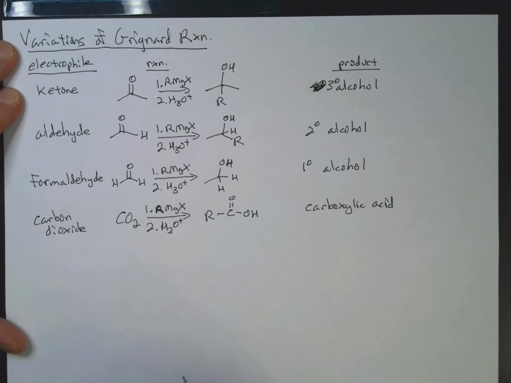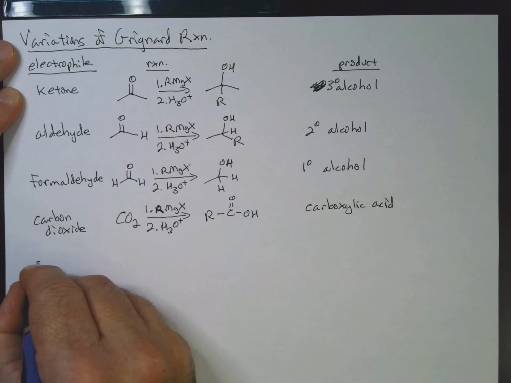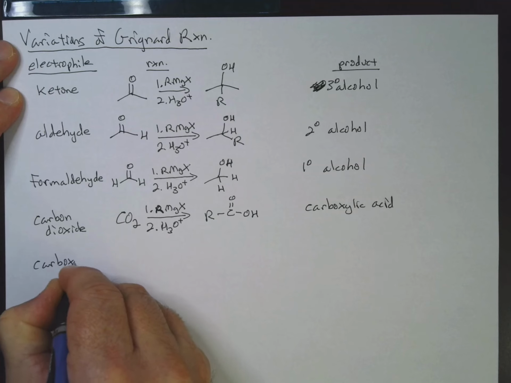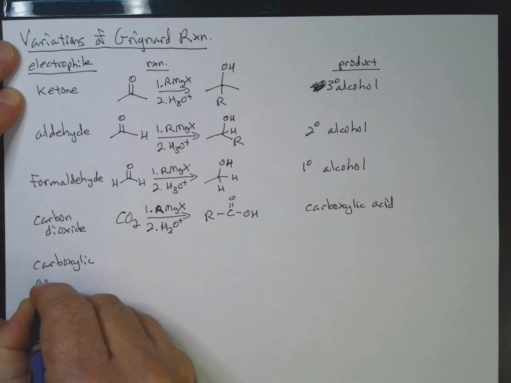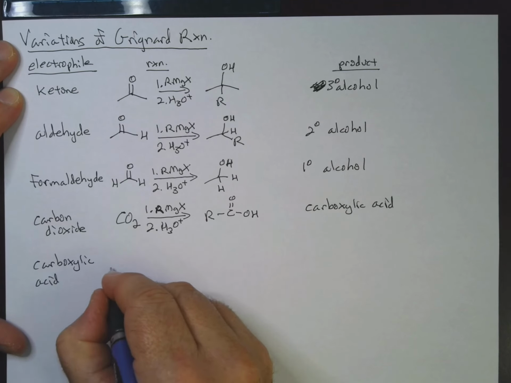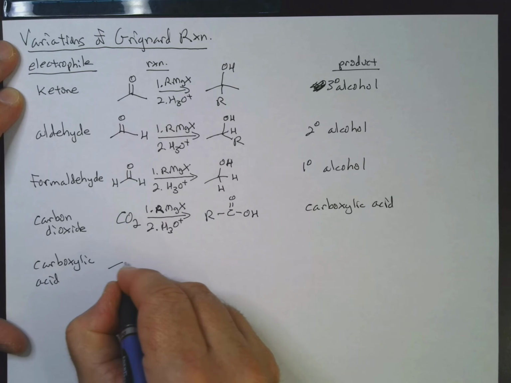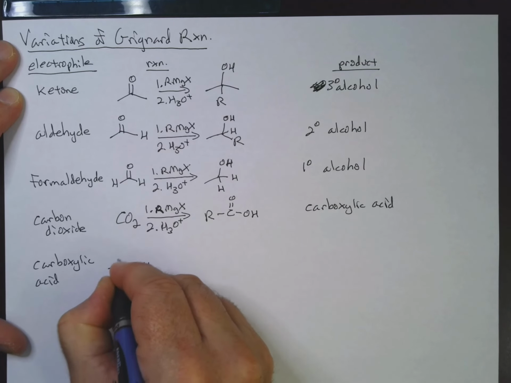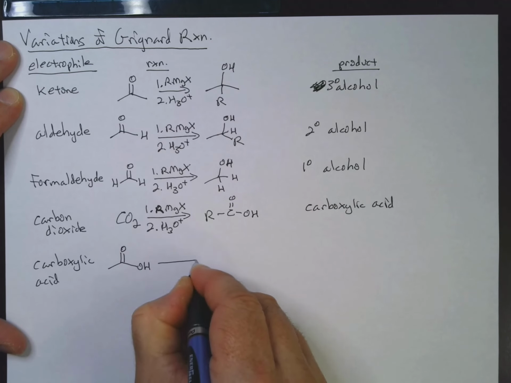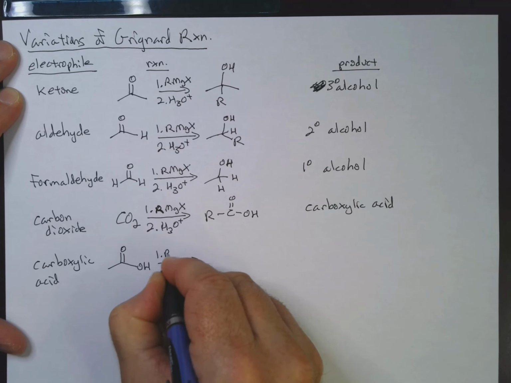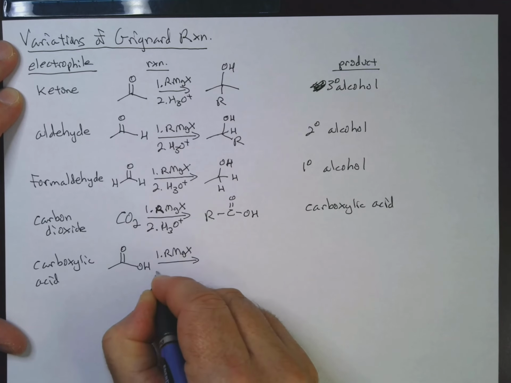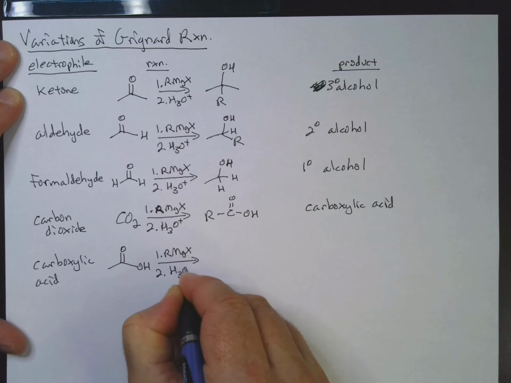Now we can use a carboxylic acid. So let's try acetic acid here, and treat that with RMgX followed by H3O+.